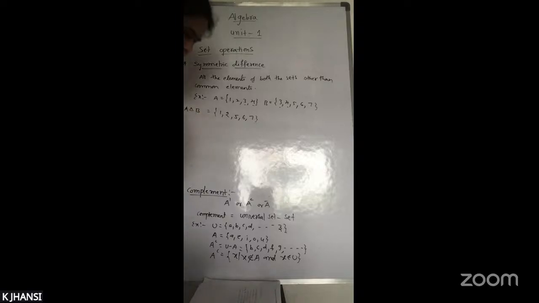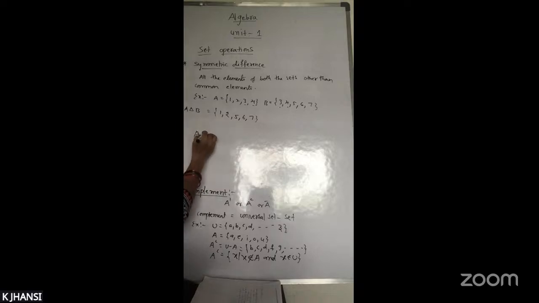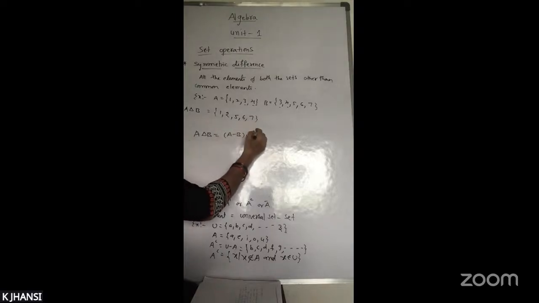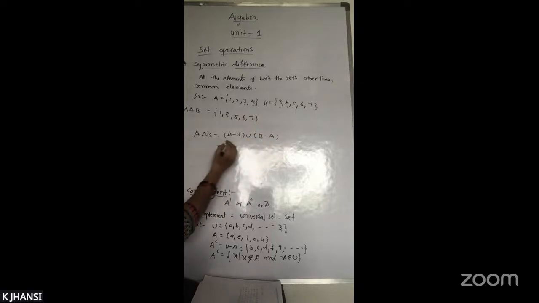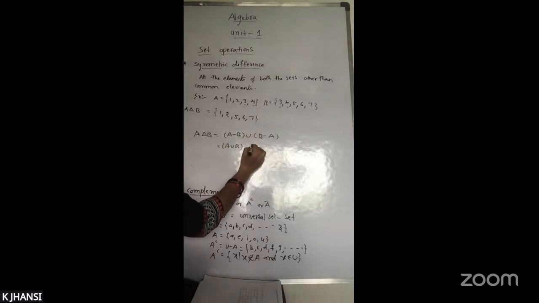You have this definition in the textbook. For any sets A and B, the symmetric difference of A and B is defined as a set. A delta B is equal to (A minus B) union (B minus A), or one more is (A union B) minus (A intersection B).